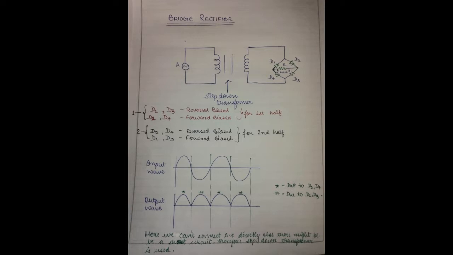In bridge rectifier, D2 and D4 are forward biased in the first half cycle, and at the same time D1 and D3 are reverse biased, and when the polarity gets changed, D1 and D3 are forward biased and D2 and D4 are reverse biased.